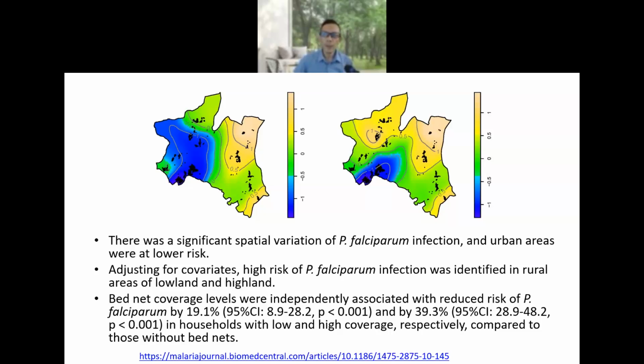Because before this I always thought that we have to go to all these areas. It means we need to cover maybe 20 to 30,000 places. No, you don't have to do that. You just cover maybe 100 to 200 places, get the coordinates, do some screening there, and then you can make predictions. And from that prediction, you can create this spatial variation map.